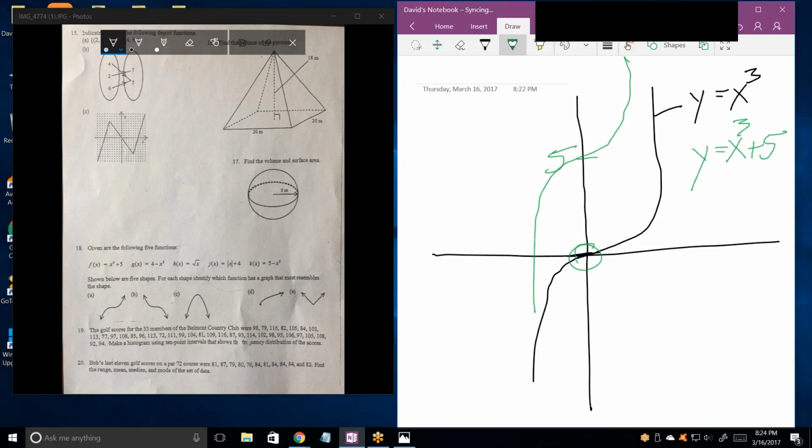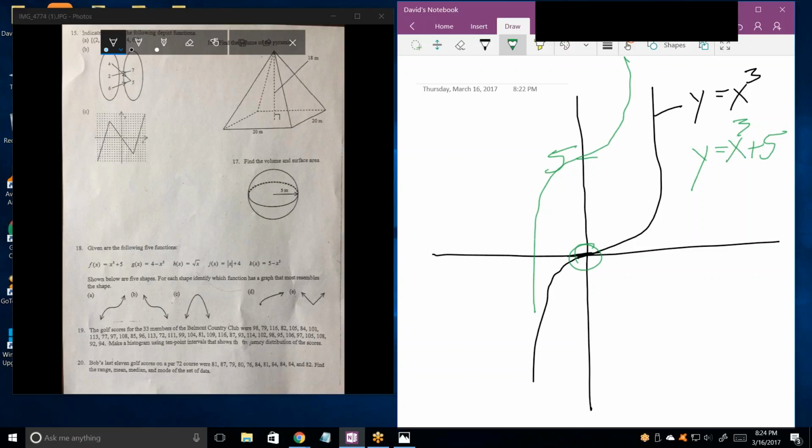And the closest thing they have down here to looking like this is A. Notice that they don't put an XY grid on any of these shapes, so I can't really tell the difference between x cubed and x cubed plus 5.